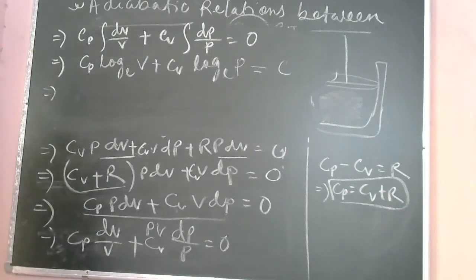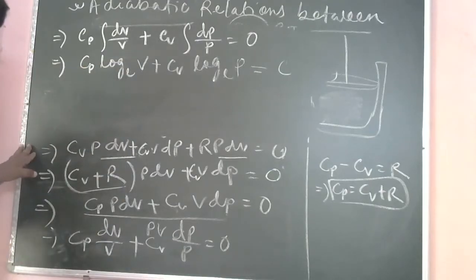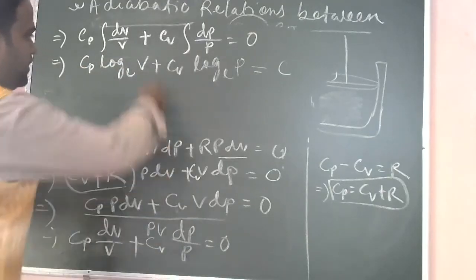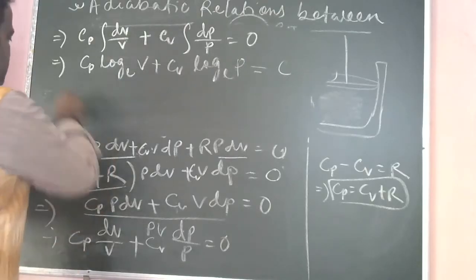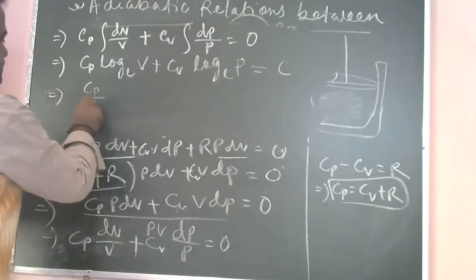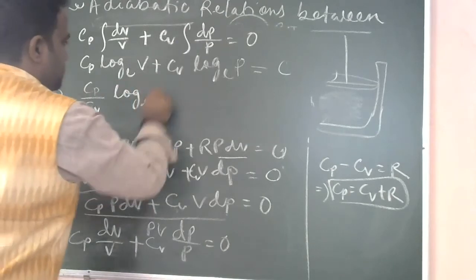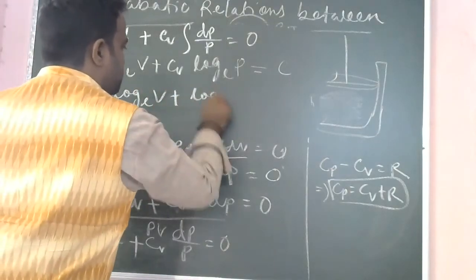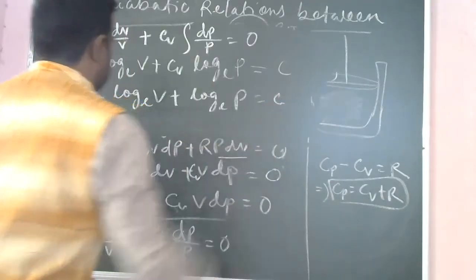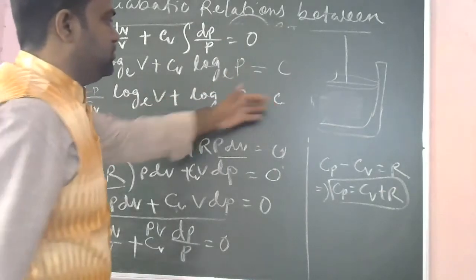What I'll do, I'll divide Cv both sides. Then what you will get? Cp by Cv log e V plus log e P is constant, right? Because this is a constant, so it will be another constant.